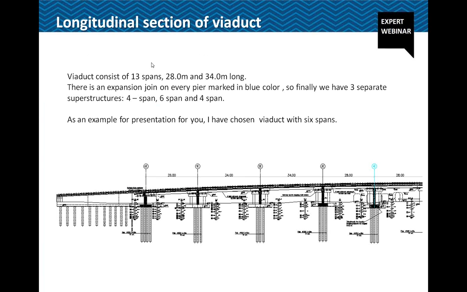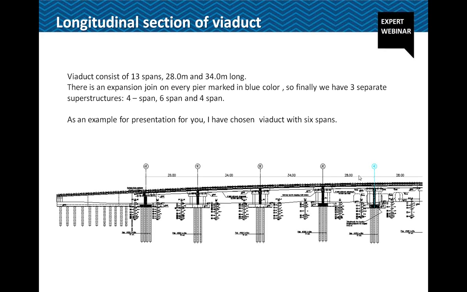Viaducts consist of 13 spans, which are 28 and 33 meters long. And we have expansion joint on every pier, which is marked in blue color on this drawing. So finally, we have 3 independent superstructure.